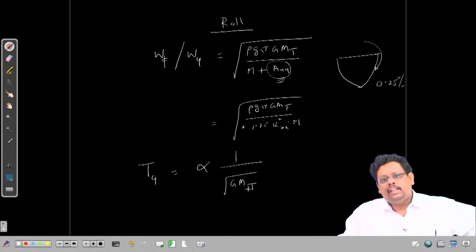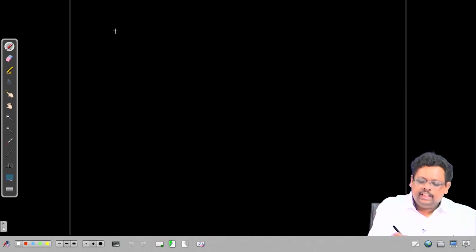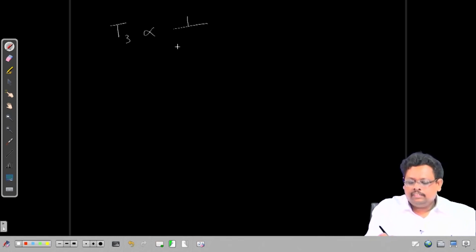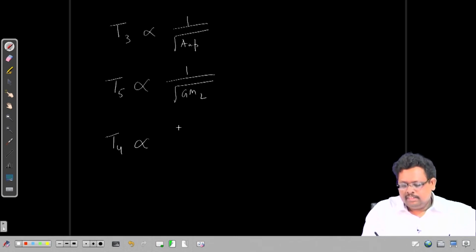So from these three, for the heave mode T3 varies as 1 upon square root of water plane area, T5 varies with 1 upon square root of g m l, and T4 varies with 1 upon square root of g m t.